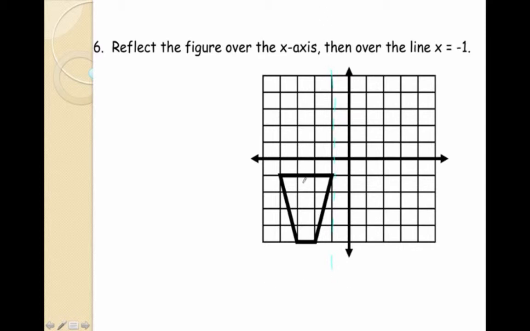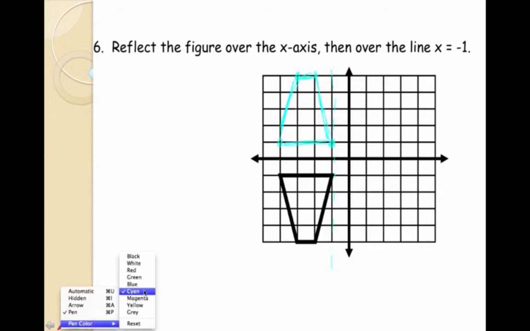So we reflect it first over the x-axis, so up 1, same, up 1, 2, 3, 4, 5, and the same. And then we're going to flip it over this line here.